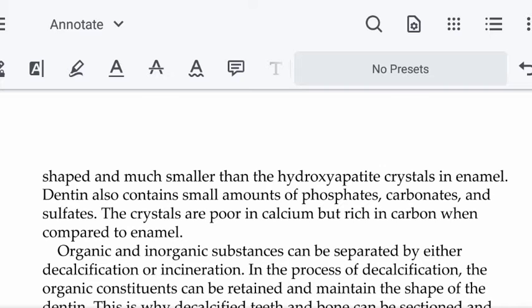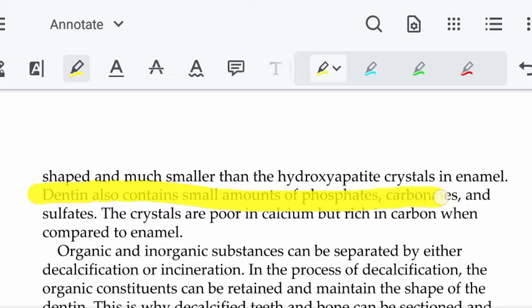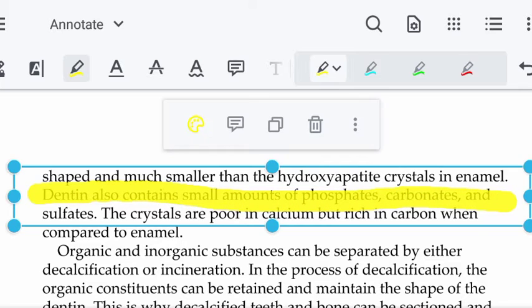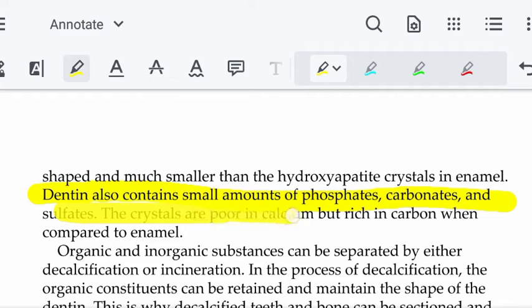The crystals are poor in calcium but rich in carbonate when compared to enamel.